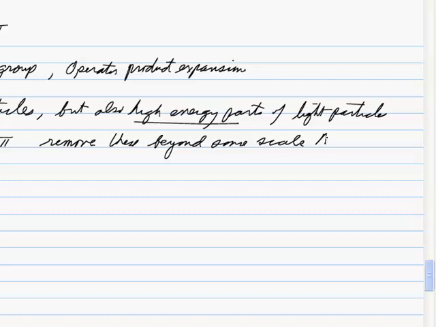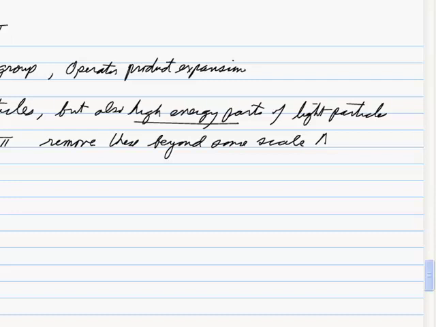We'll call this scale lambda here. Lambda is not the same as a renormalization scale. In this case, it's a separation scale where we separate the degrees of freedom into the light components and their high energy components at that scale. Okay.